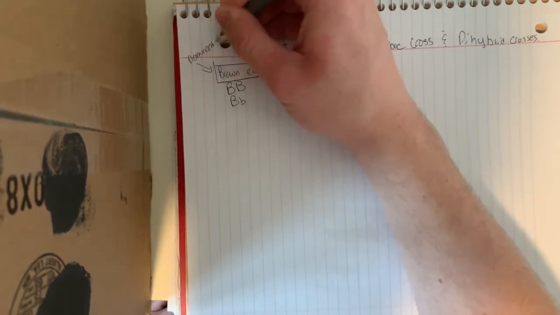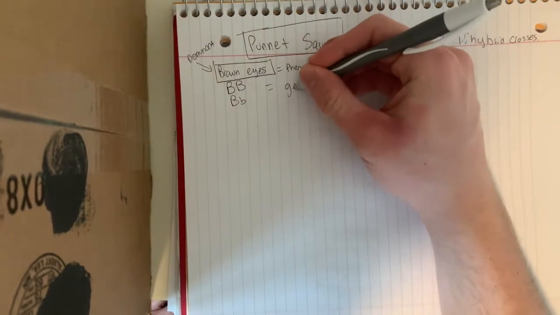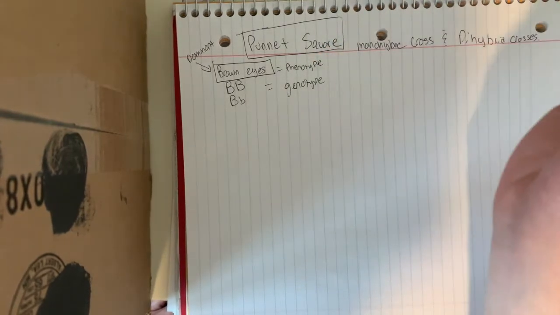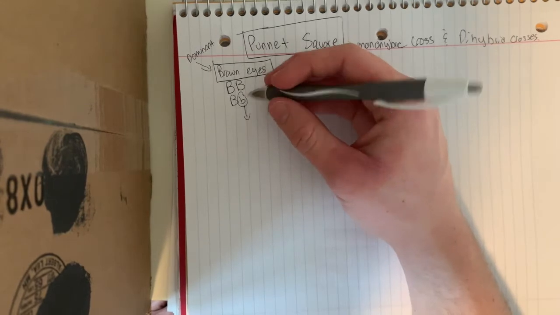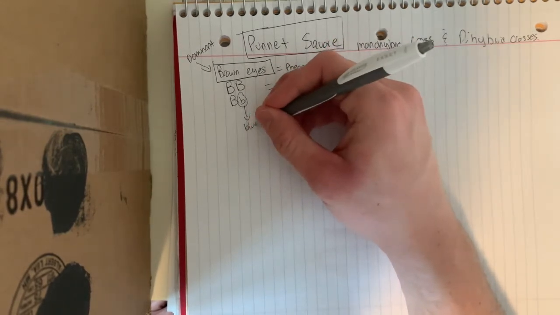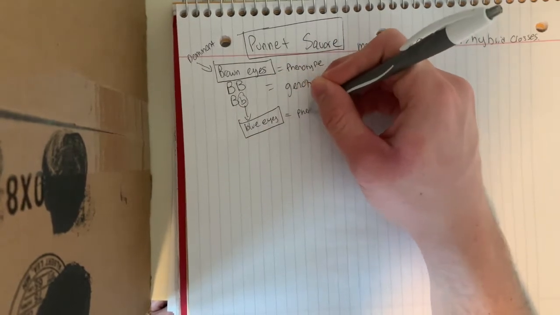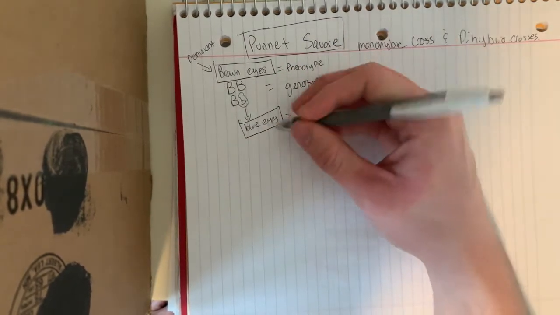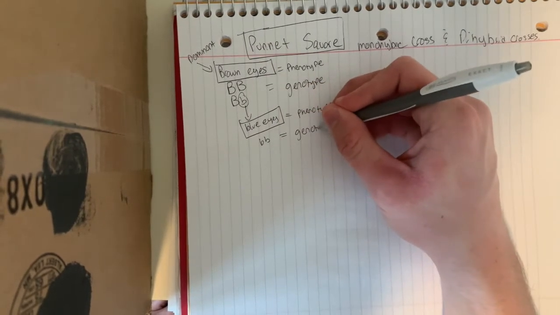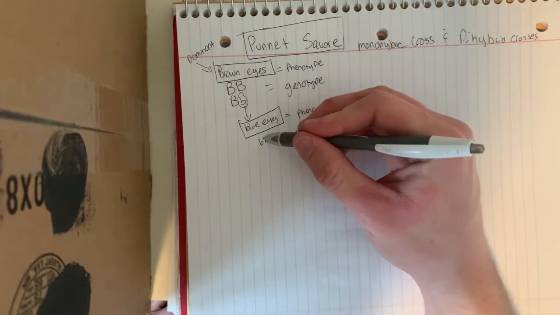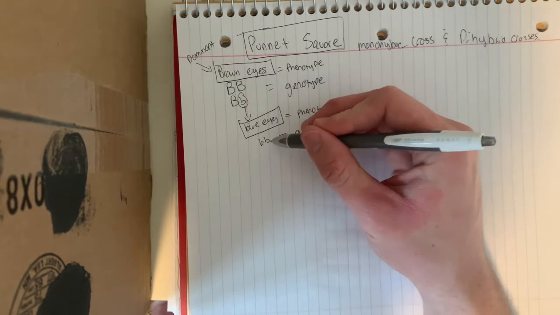And a dominant trait means that it is expressed over the other trait. So this can be a genotype for brown eyes. Let's say little b represents blue eyes. So blue eyes are a phenotype, and the genotype would be little b, and this indicates that it is a recessive trait.